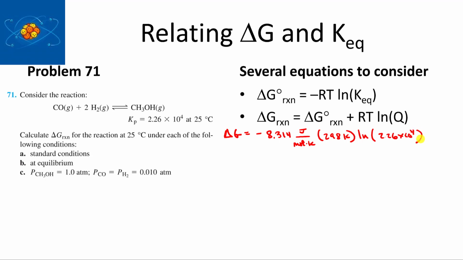I usually like keeping these in kilojoules, although you could do it in joules, it doesn't really matter. It's 1,000 joules per kilojoule, so I can get my Kelvin to cancel and my joules to cancel, and I'll be left with kilojoules. And when I do the calculation, I get negative 24.8 kilojoules per mole.